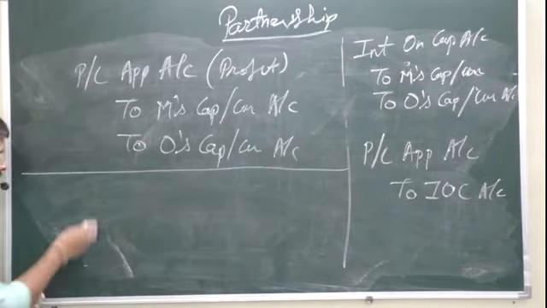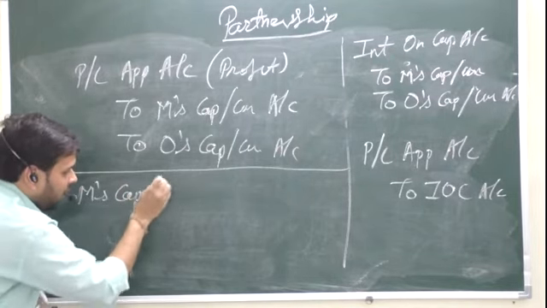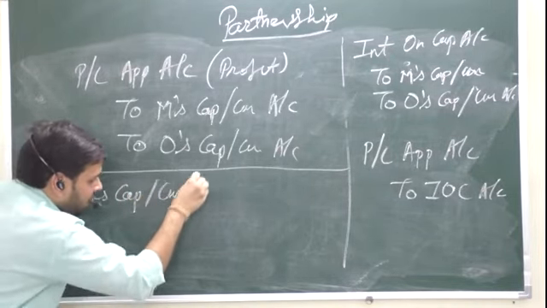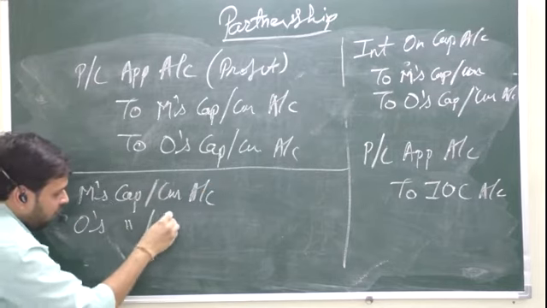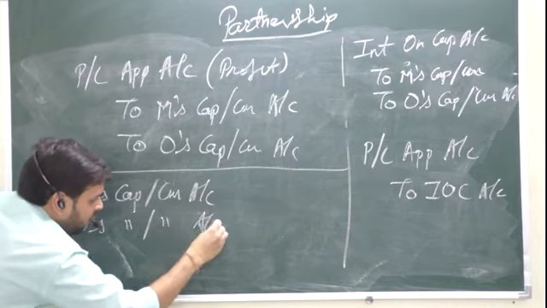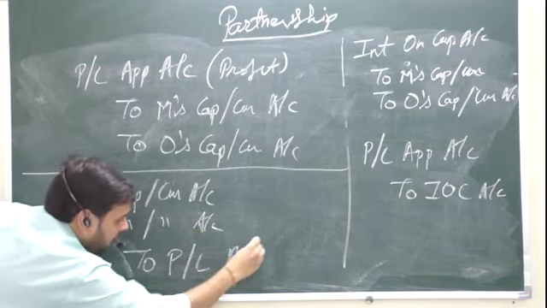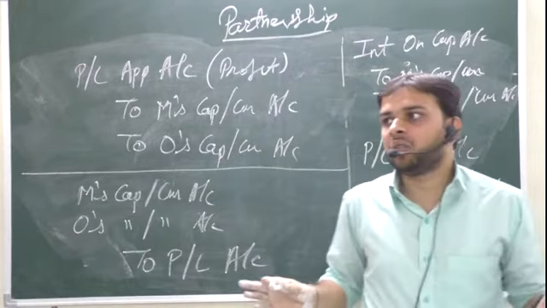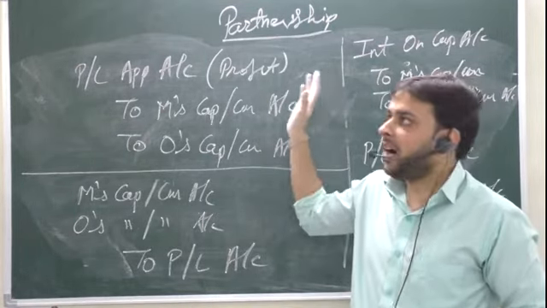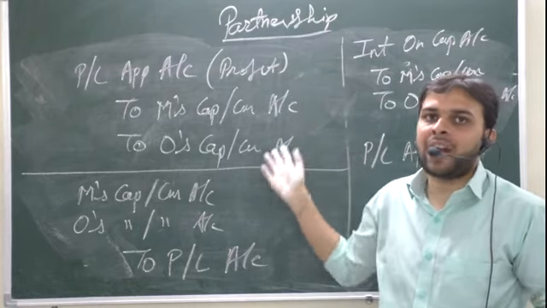So the entry will be AMS capital or current account, OS capital or current account, to P&L account, that is profit and loss account. So that is all about the journal entry portion in case of partnership.